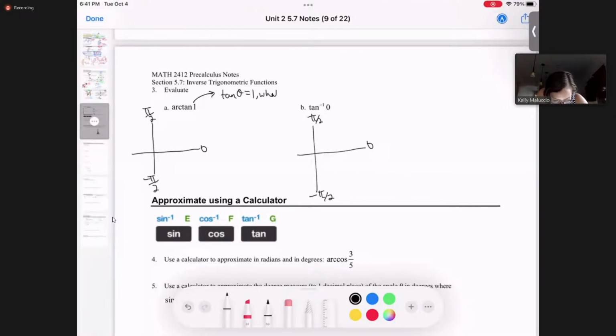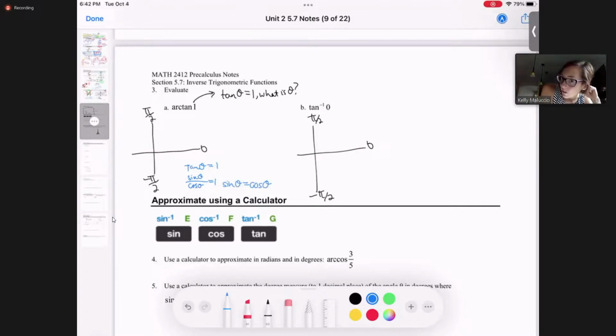I'm doing some scratch work here just to get to our answer. If tangent theta equals 1, tangent is sine over cosine equals 1, which means if I multiply by cosine, I get sine theta equals cosine theta.